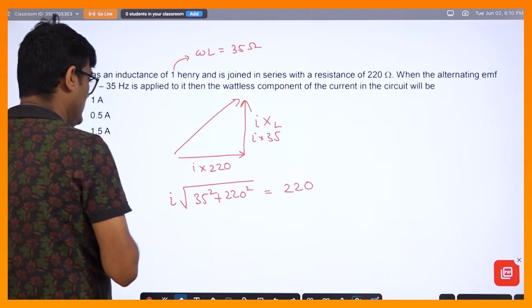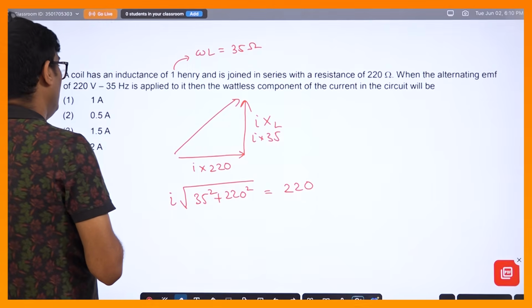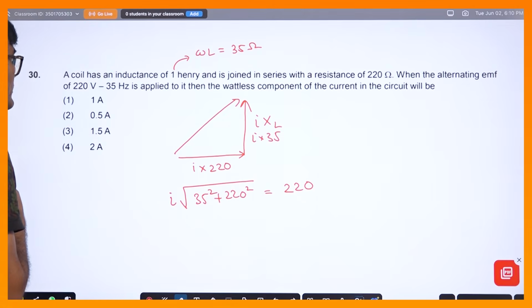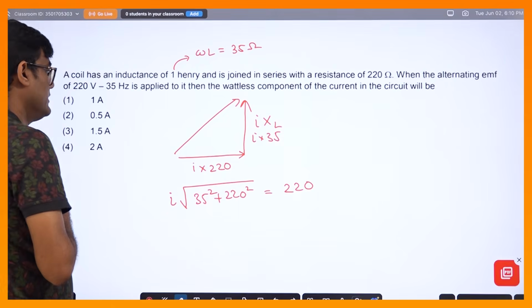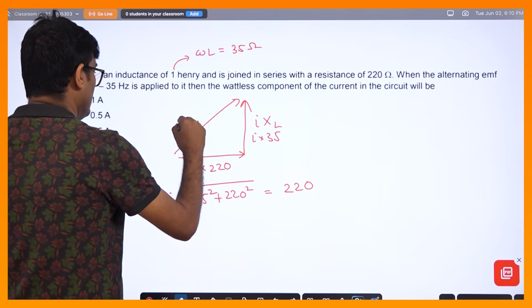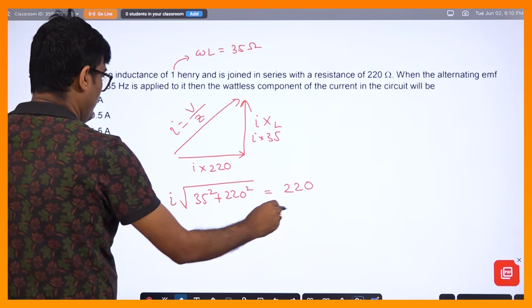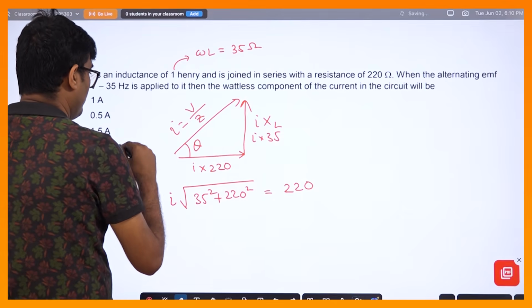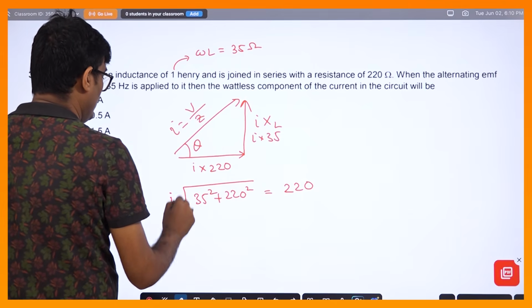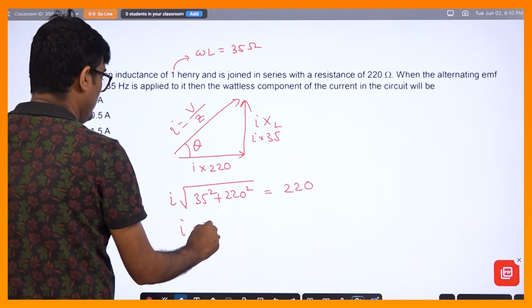If I calculate this, what is the wattless component of the current in the circuit? Wattless component of the current means current is equal to V by impedance. I can calculate current from here, right? Then I sin theta will be the answer. Wattless component is this one, right?